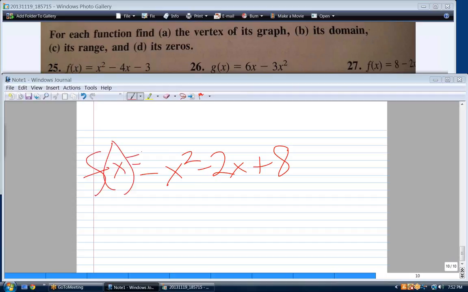What's the domain? The domain on all parabolas is going to be the same, because they all are either going to look like this or they're going to look like that. And in either case, x goes to negative infinity or positive infinity. Can't they open to the sides? Well, they can. You've had some conic sections, I can see. It is actually a parabola, but it's not a function when it opens like that.